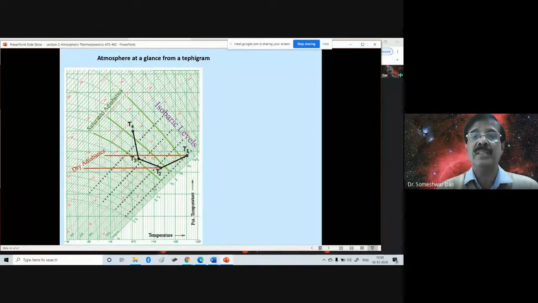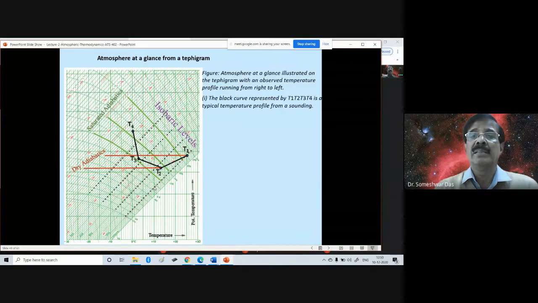We discussed all these things in the previous class. The black curve represented by T1, T2, T3, T4 is a typical temperature profile from a sounding. What is meant by sounding?